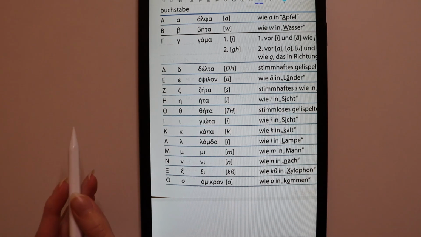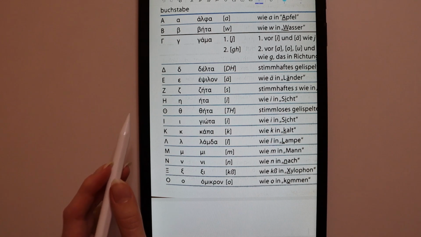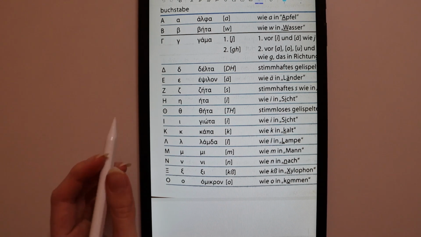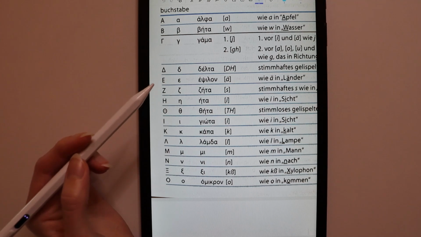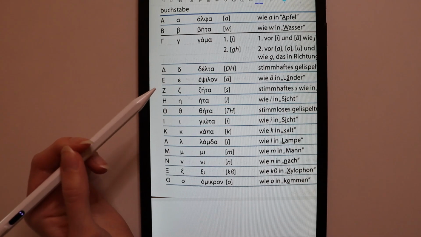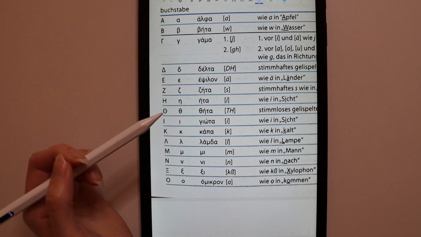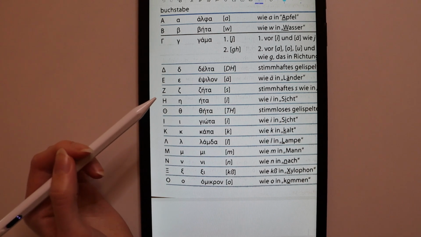So today we are going to learn an alphabet again together. Today I'm going to try to teach you the Greek alphabet, although I by myself have never really learned Greek.